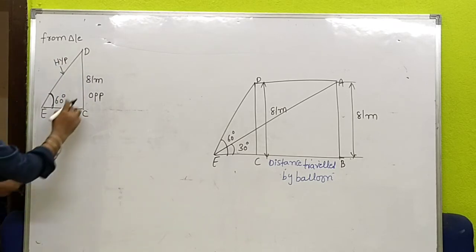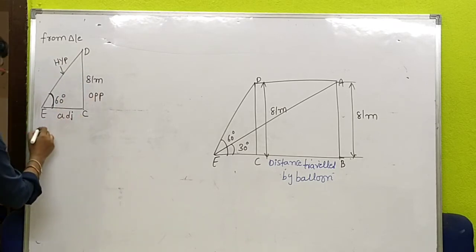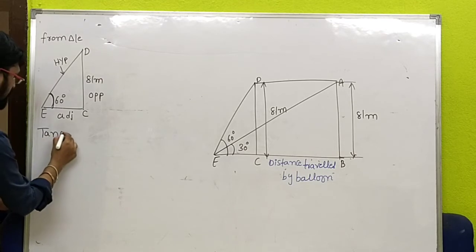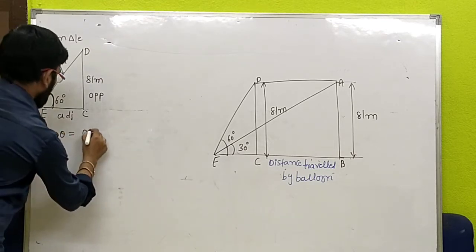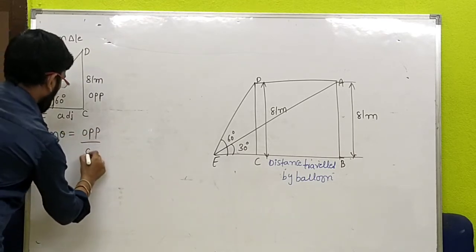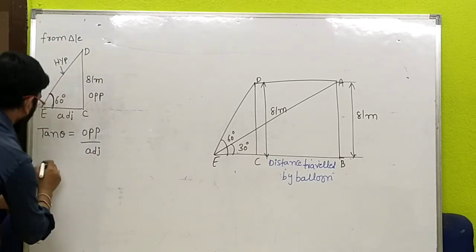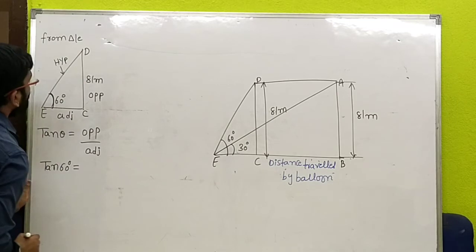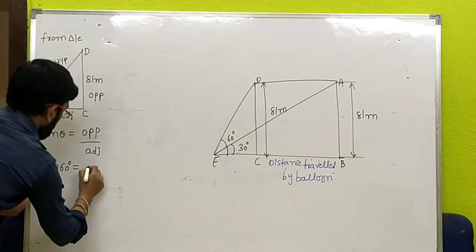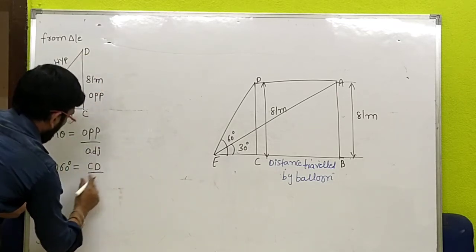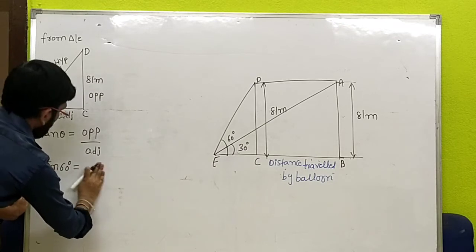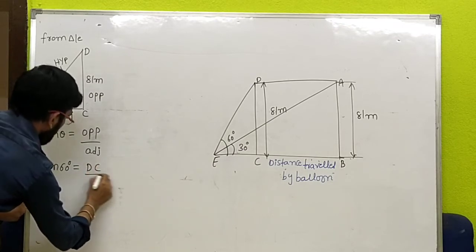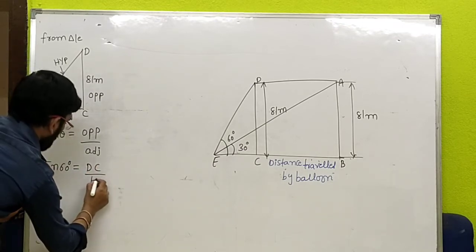So opposite over adjacent means tan theta. Tan theta equals opposite by adjacent, so tan 60 equals the opposite value DC by the adjacent EC.